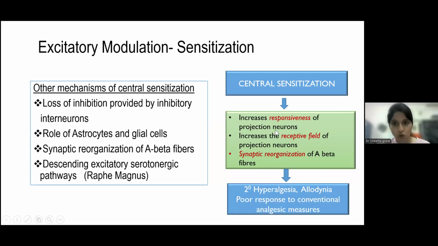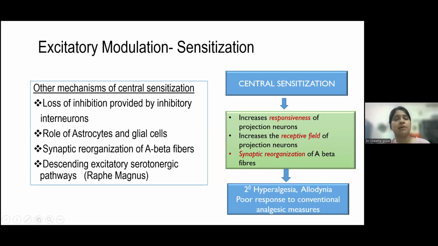I told that the first order neuron is in the dorsal root ganglion, DRG. The second order neurons in the spinal cord dorsal horn are known as the projection neurons. Now, they also have increased responsiveness. That is, at a lower threshold itself, they will show an exaggerated response. And more second order neurons are recruited, and they increase the receptive field of projection neurons.